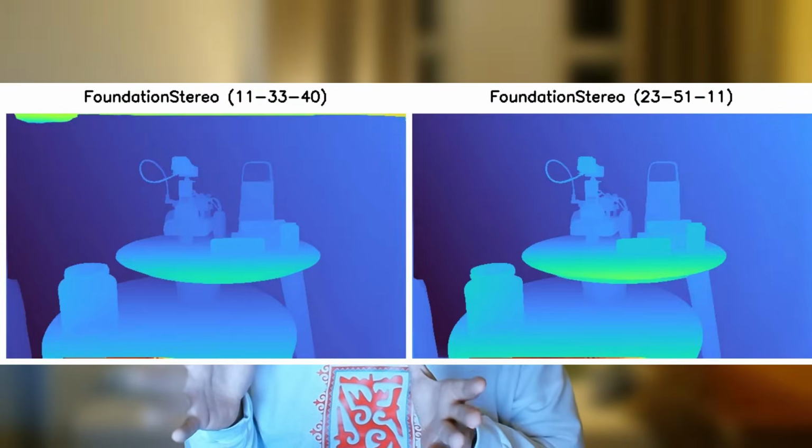Also, I need to show a few different images. It's the same camera, actually a pretty nice stereo depth estimation camera, but here I use an existing stereo depth estimation network that I run on GPU. For example, here is the maximum theoretical accuracy with the best model up to date, Foundation Stereo.